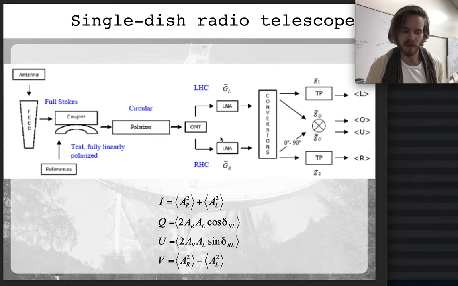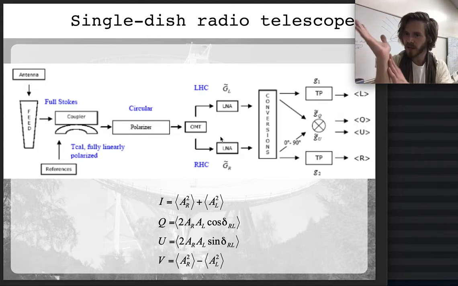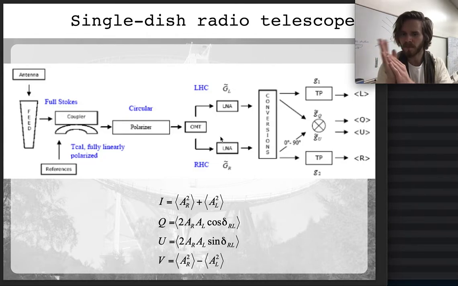The reasons for this generally are to do with if you have two telescopes observing the same source, depending on where the telescopes are, the source position angle on the sky is going to be different. And so this is going to mess with the electric vector position angle, which we discussed actually.